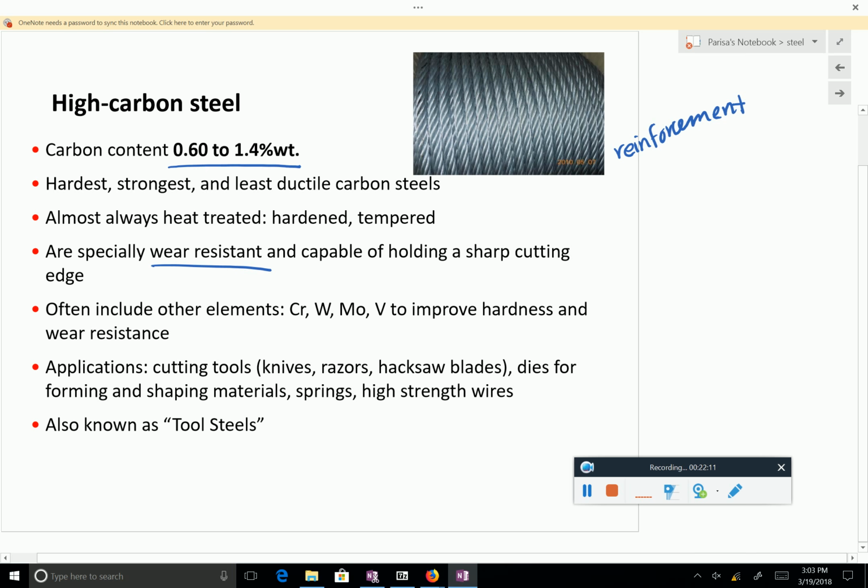That's why they are being used for cutting tools. And sometimes you may hear that they are called tool steels. What else? You can add other elements to improve the properties. They are very brittle, of course, but the strongest. This is kind of obvious. I hope that I have emphasized this so much that I'm sure everyone remembers that.